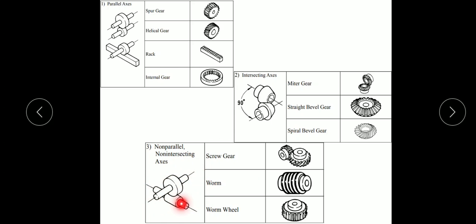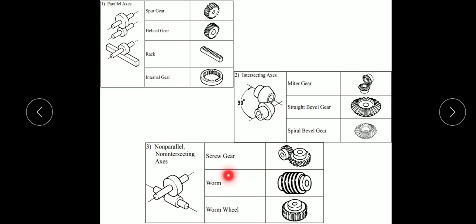So this kind of transmission is provided with the help of screw gear. That is, you can see here, teeth is in a special curved shape, and another gear in this shape, that's also non-intersecting non-parallel type axis. And second one is worm and worm gear.